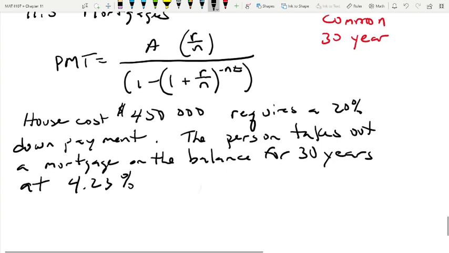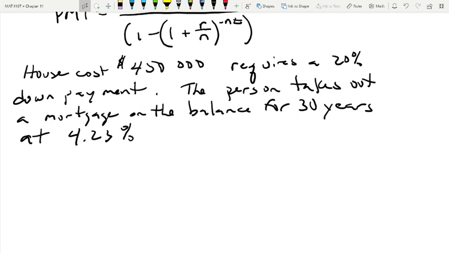And the question then is, how much will the monthly payments be?